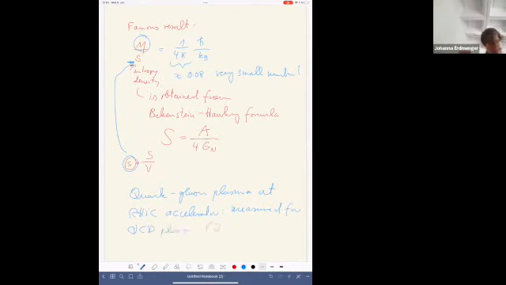So this means QCD at finite temperature. And the result of the measurement is that this eta over s is, I think, about 0.1.